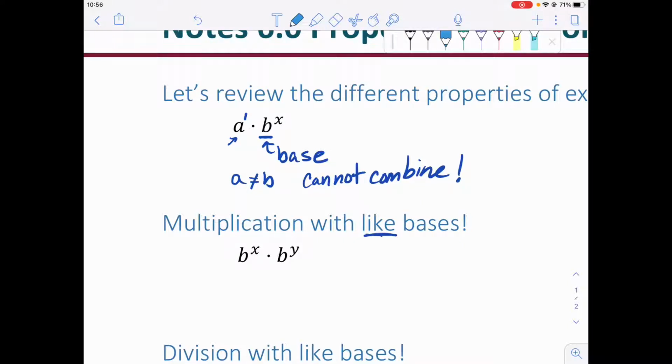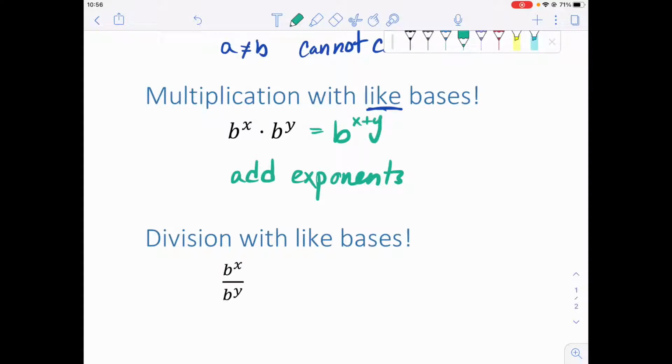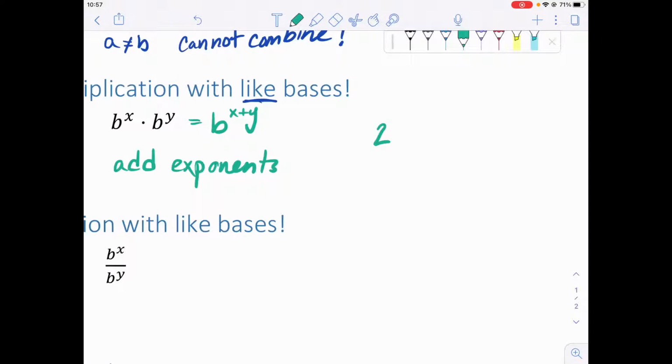So if we have like bases and we are multiplying them together, then we add our exponents. This is b to the x plus y. It doesn't matter how complicated those exponents are. What if we had 2 to the x minus 3 times 2 to the 4x plus 5?